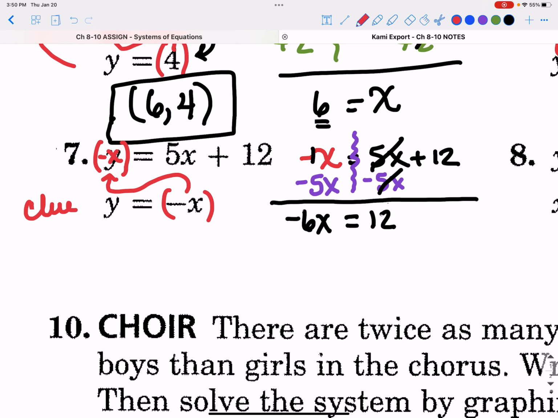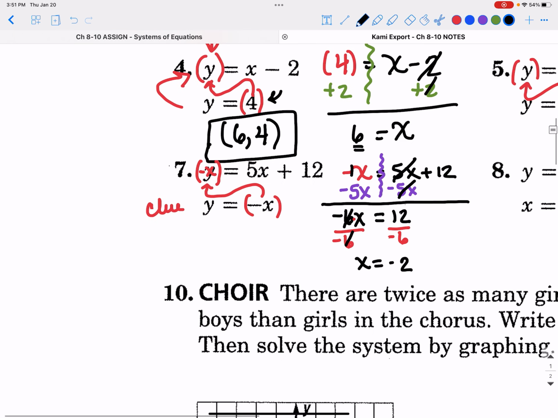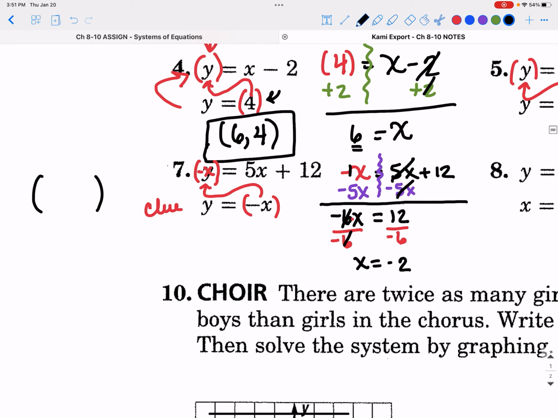And now I want to get x all by itself. It's multiplication, so I use division to get it by itself. And my answer here, when that reduces, is x equals -2. Now, remember that your solution is an x and a y. Well, I now know that x is -2, but I don't know my y yet. But I have an equation, which was my clue, that I could use to find y, all right?